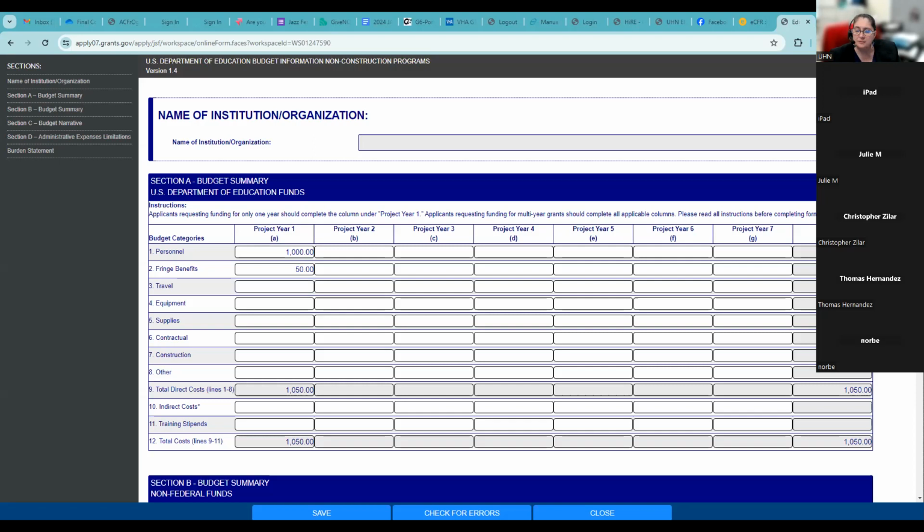Let me look it up directly. It's 2 CFR 200. So if you ever need to look up anything on the federal fiscal policies, it is found at 2 CFR 200. And so I am pulling it up directly from the federal guidelines.